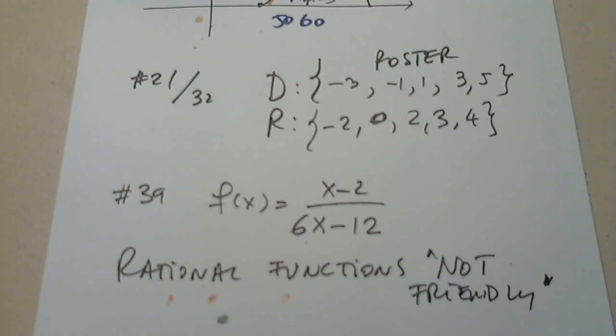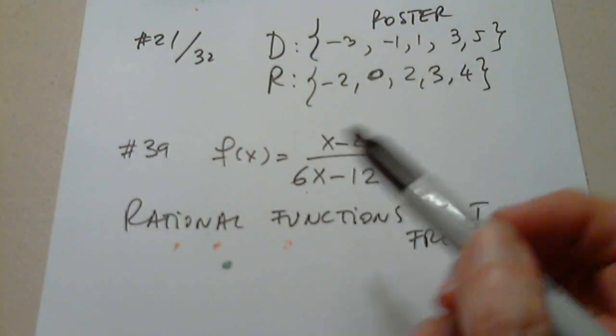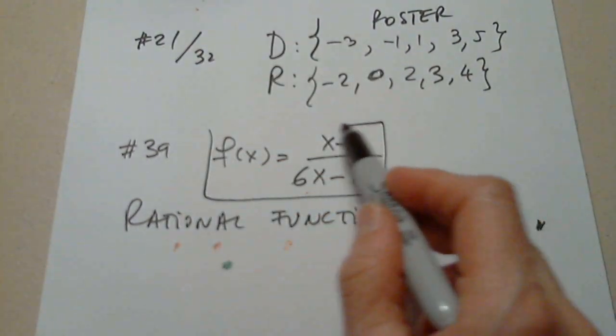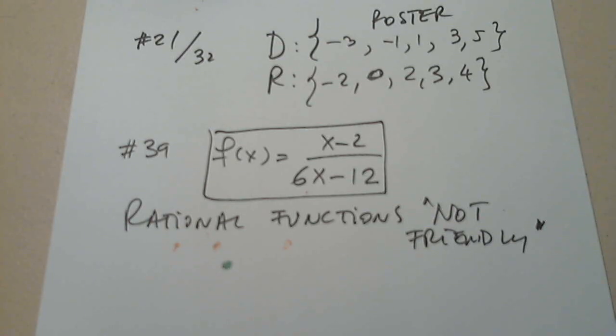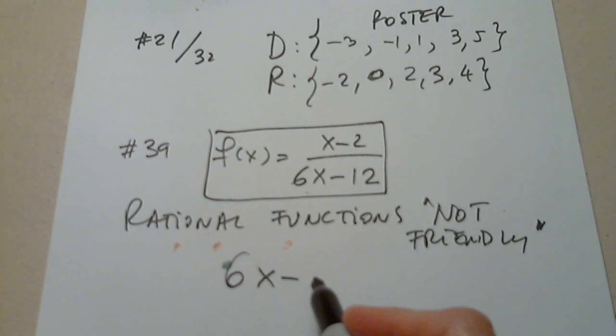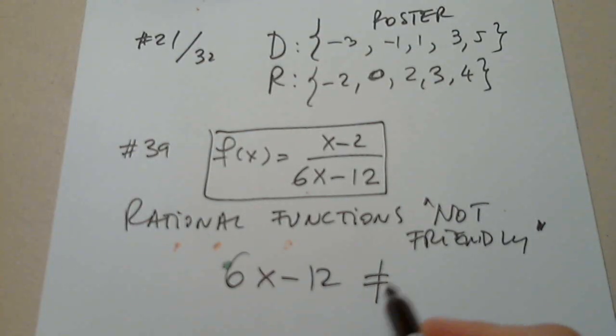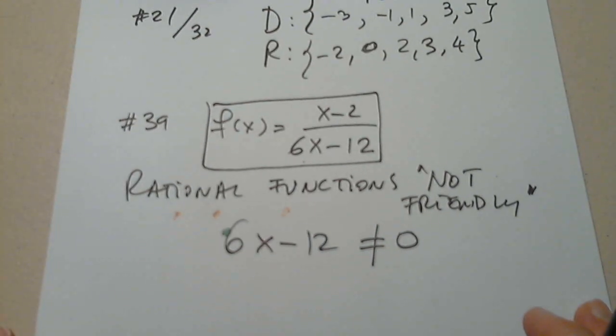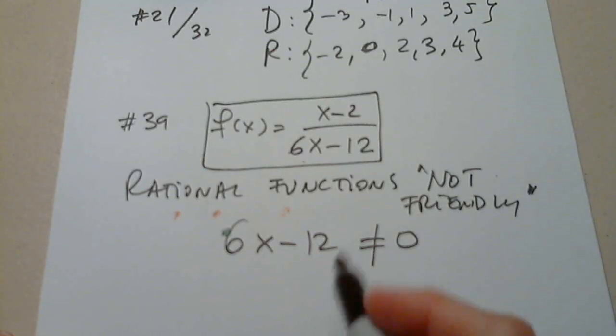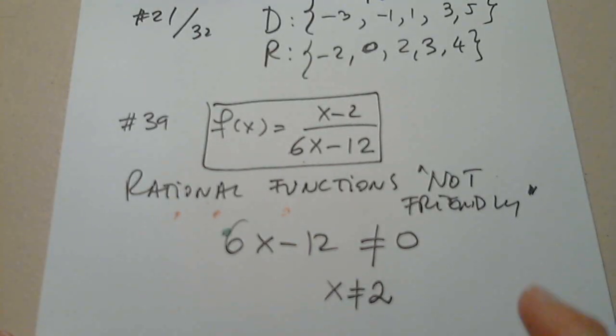They may give me problems. What could be the issue with a rational function? If the denominator is 0, you can't divide by 0. 6x minus 12 can never be 0. Perfect, thank you. I move 12 and divide by 6. So x cannot be 2.